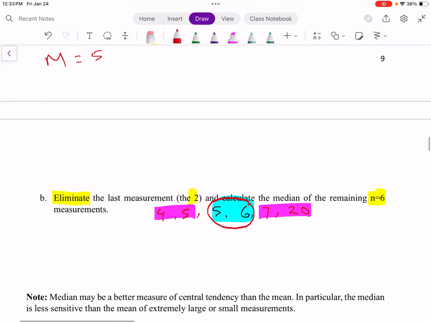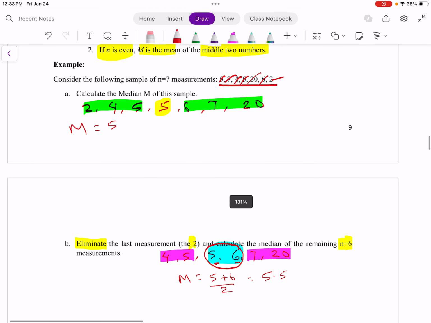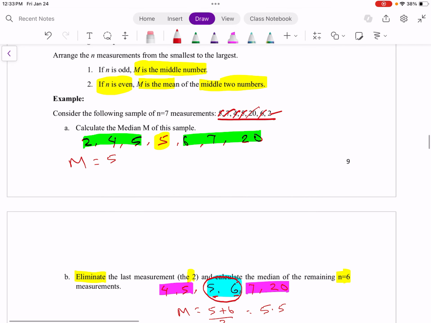So you find the average of these 2 numbers, 5 plus 6 divided by 2, which is 5.5. So 5.5 is the median. If it's odd, there is always 1 number at the middle. If it's even, you find the 2 numbers in the middle and take the average of those 2 numbers, and you get the median.